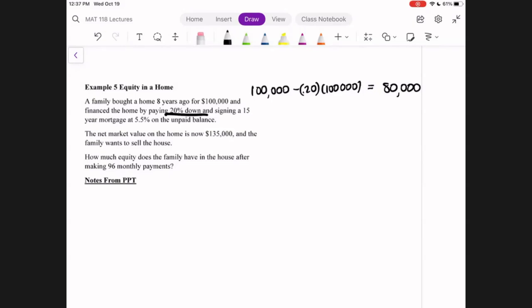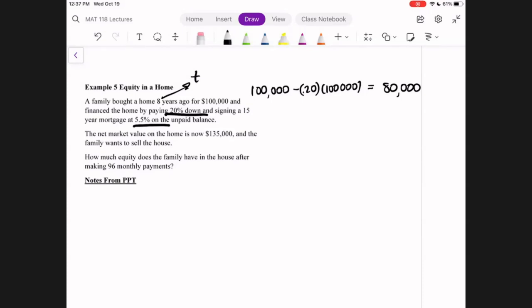And then my mortgage is 9%. Oh, sorry, not 9, 5% of the unpaid balance. Okay. So 8 years, so that's your T.